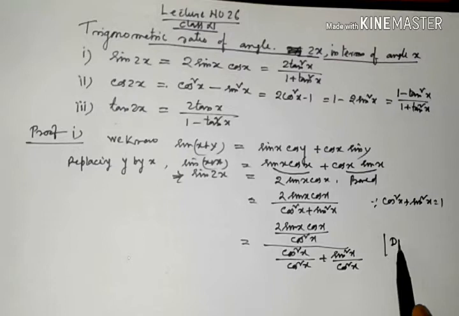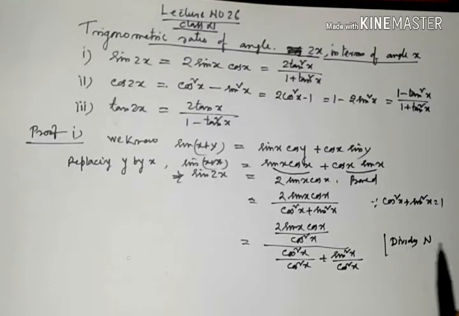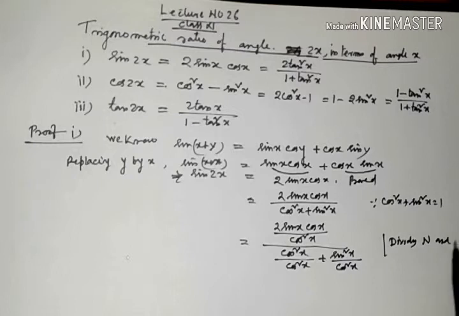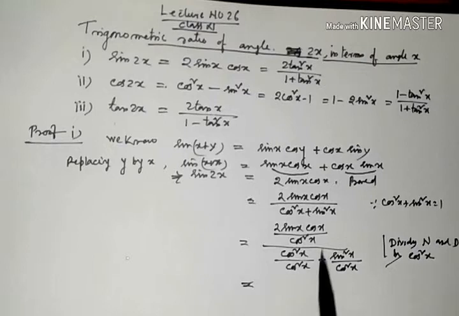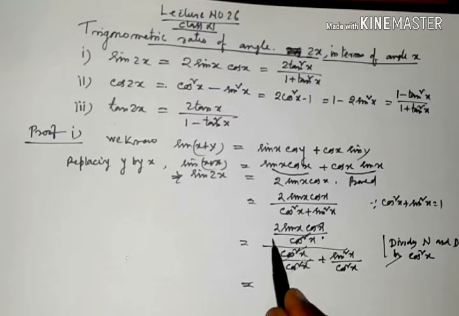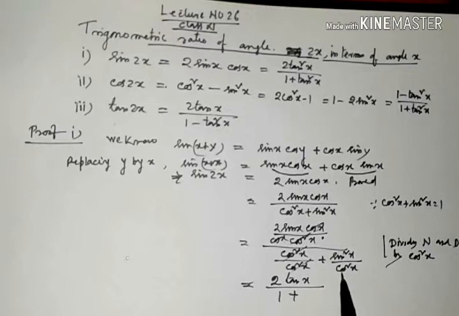Dividing numerator and denominator by cos square x, in the numerator only cos x will remain. Therefore 2 sin x by cos x, this is tan x, this is 1, and this is sin square by cos square, this is tan square x.